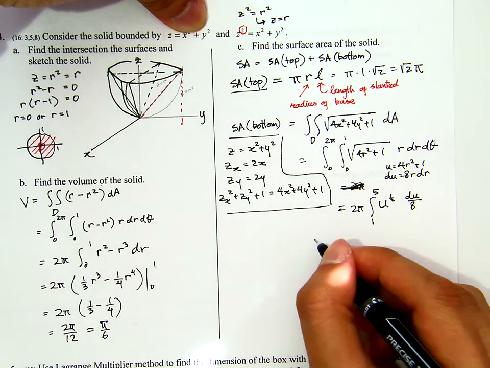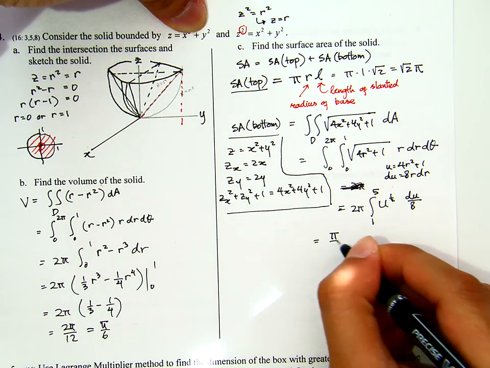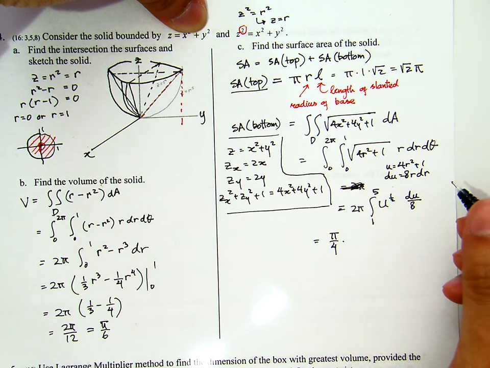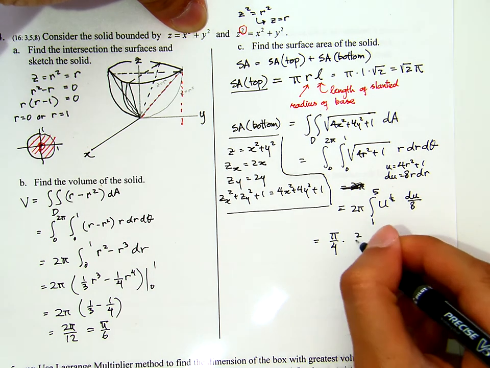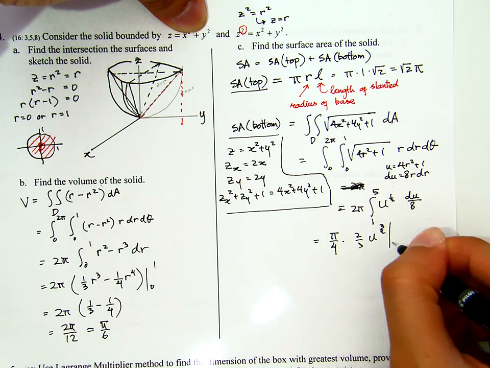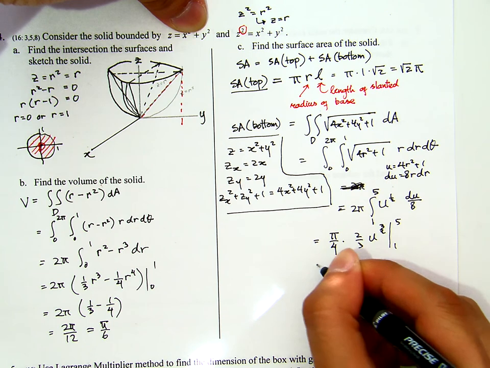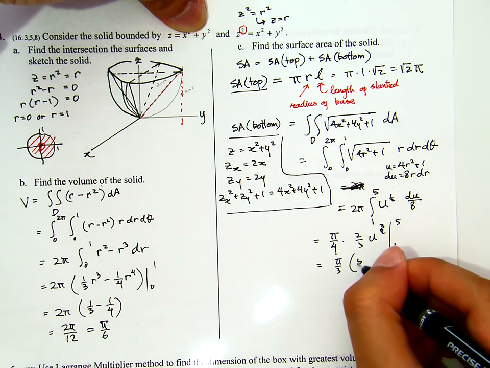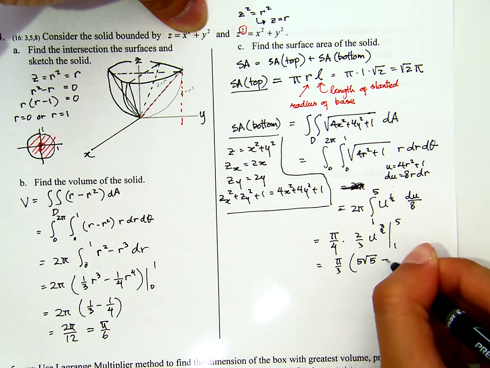Okay, and that's equal to pi over 4 times the integral, where the integral of u to the 1/2 is 2/3 u to the power of 3/2 from 1 to 5, that's pi over 3 times 5 radical 5 minus 1.